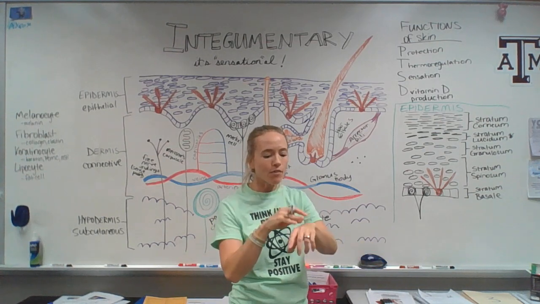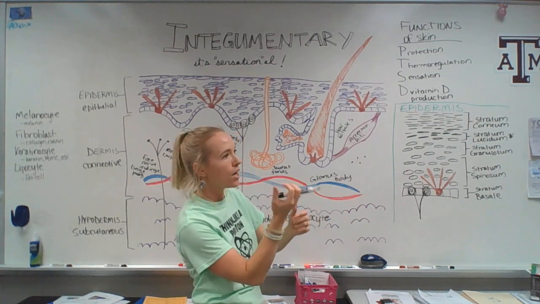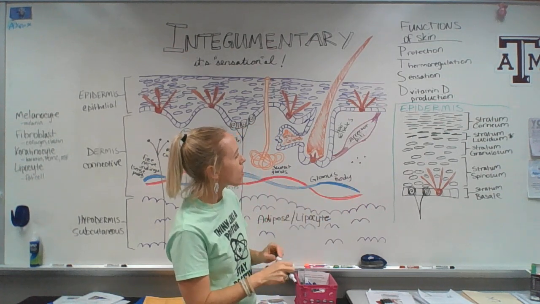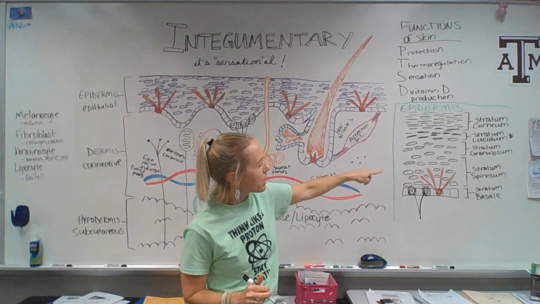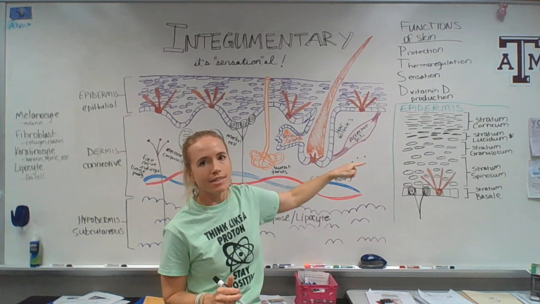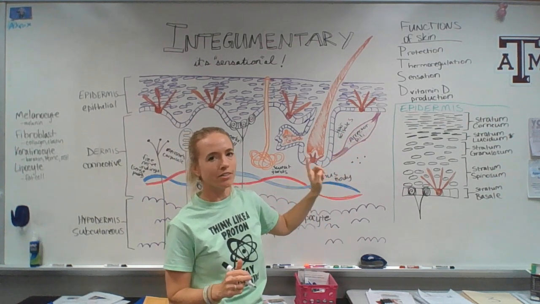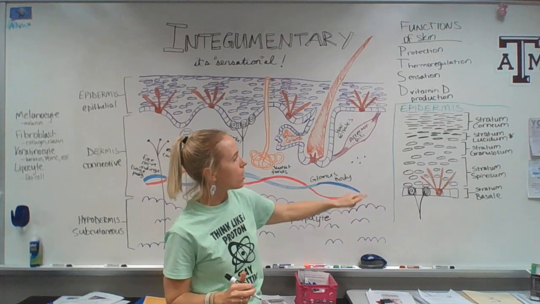That way nothing can ever really stay attached if we're constantly flaking off. It can never take hold. So the way that you can remember corneum, lucidum, granulosum, spinosum, basal is Clear Lake gets severely beaten. Clear Lake gets severely beaten. Corneum, lucidum, granulosum, spinosum, basal.